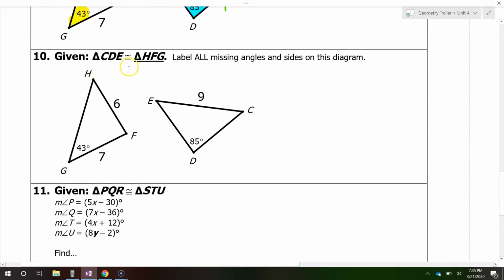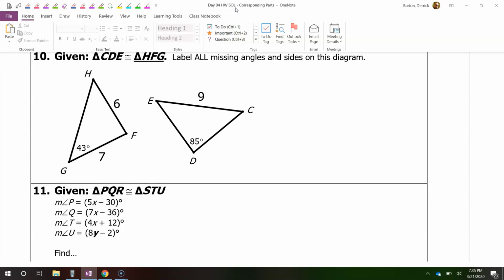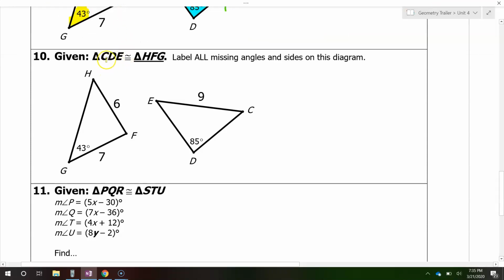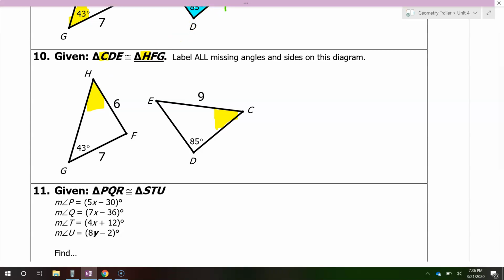Okay, so these are congruent. Label all missing angles and sides on this diagram. So we're doing the same thing again. Easy peasy. Angle C, which is right here, corresponds with angle H, which is right here. Those are both blank, so that doesn't help me immediately, but it will be helpful later.